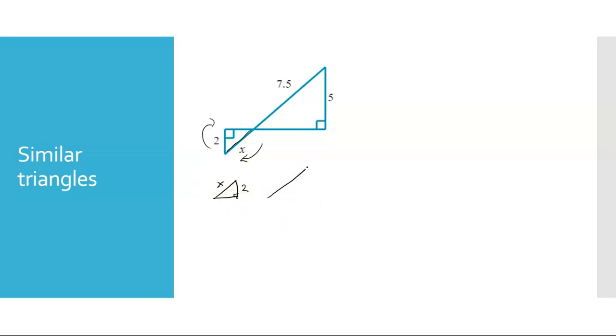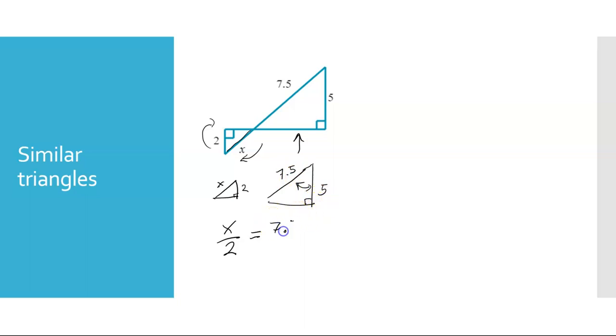And I'm going to compare this to our larger triangle, which I'll sketch out right here, even though it's literally right there. So if I compare the hypotenuse to this right-hand side, it would be x over 2, and that ratio equals the same two sides of the larger triangle.